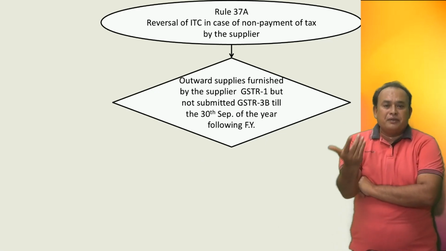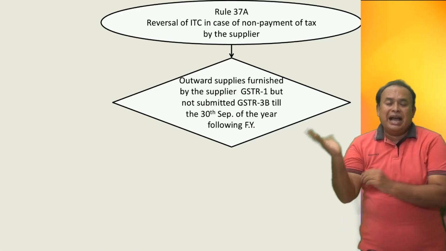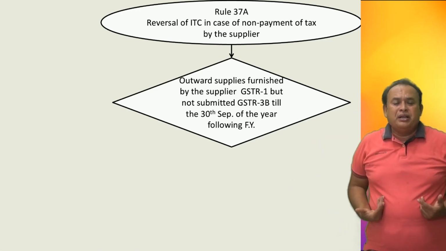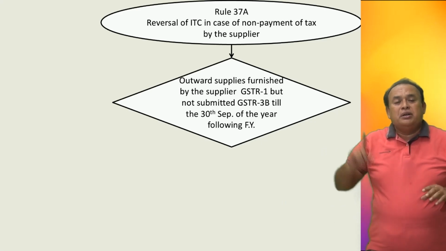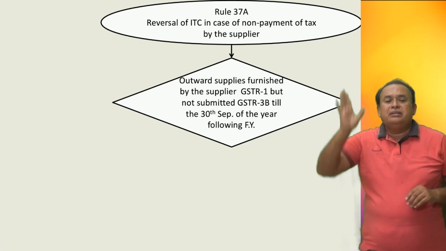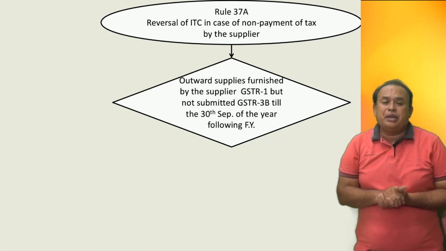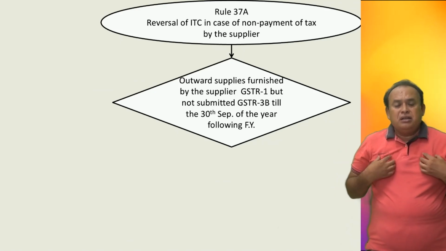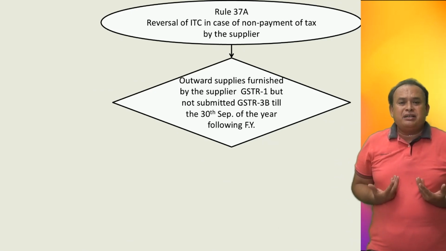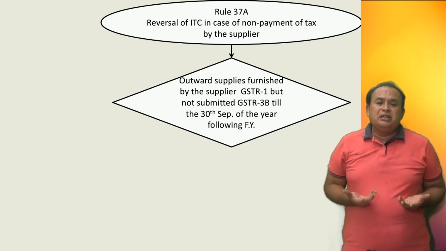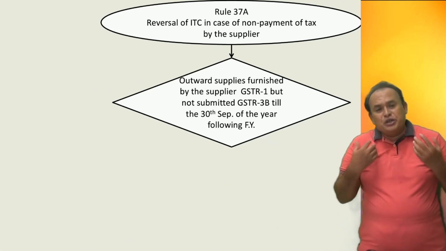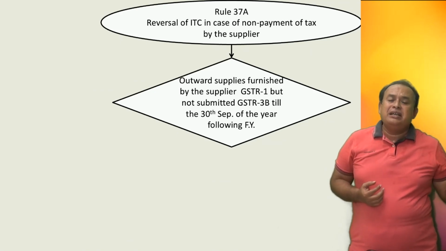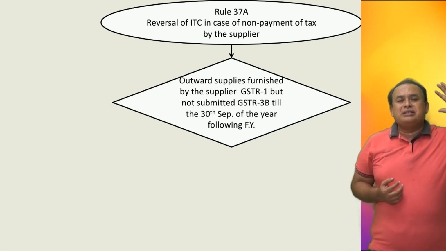Shown in the GST 1 return as liability, it auto-populates to the recipient as a credit, available to the recipient in the month of September. But the supplier has not paid that amount by submission of GST 3B. The recipient has eligible input tax credit in GST 2B Part 1, and he utilized it while submitting his GST 3B return and paid the balance amount to the department.